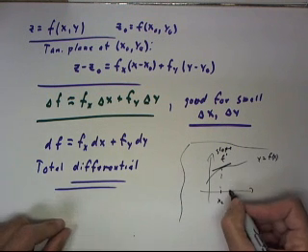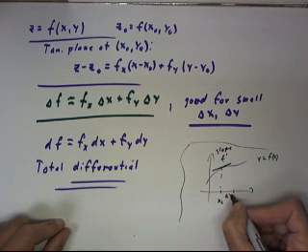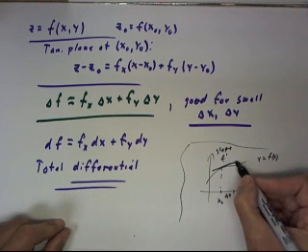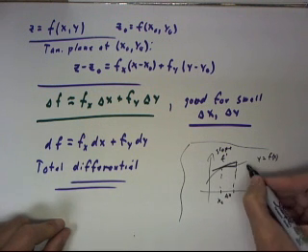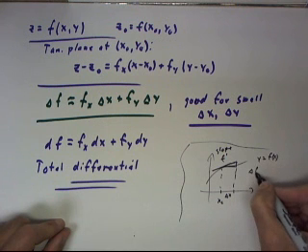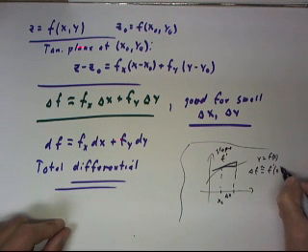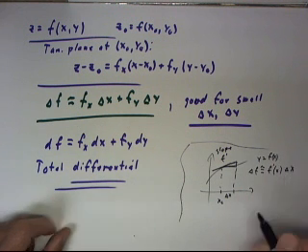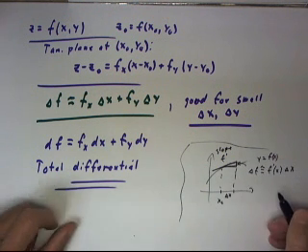And if you have delta x, then the change delta f equals approximately f prime of x delta x. That's your change in the function value.